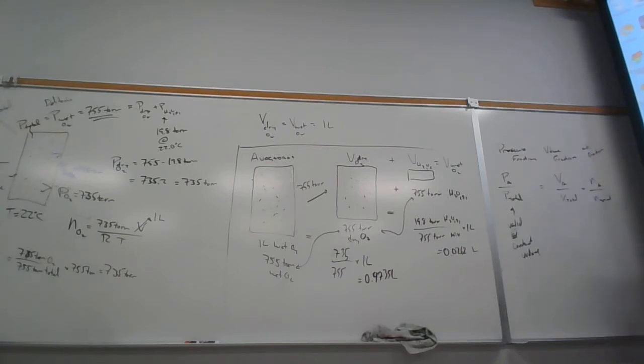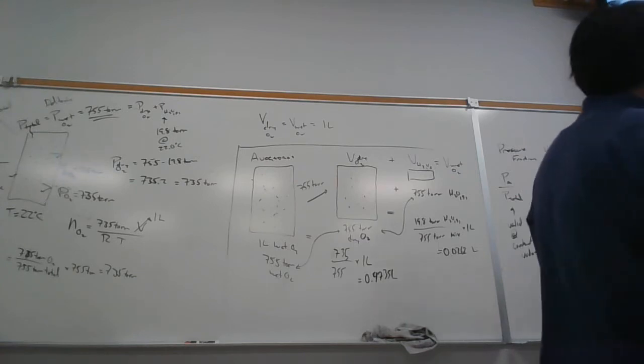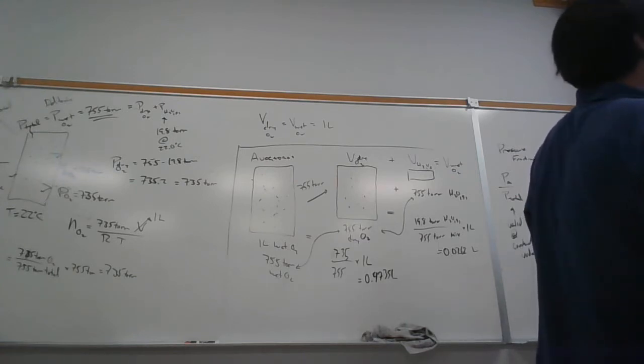The pressure of dry oxygen is equal to the pressure of the wet oxygen minus the water. So that minus that, but they have to be in the same unit. Okay, let's see, applying Dalton's law here.